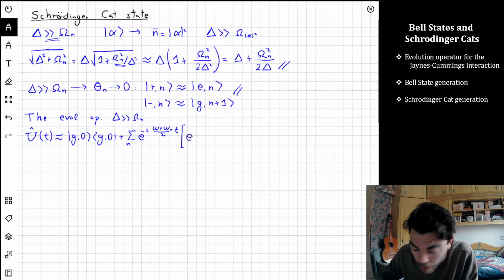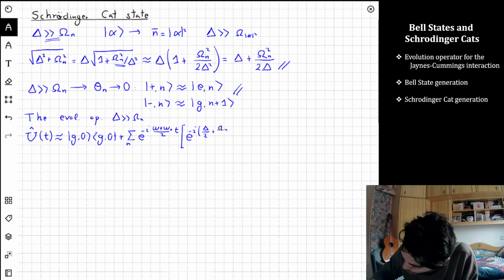We just have e to the minus i (delta divided by 2 plus omega n squared divided by 4 delta) t. This is from this term, that is 1/2 this term, which is exactly what I wrote here.